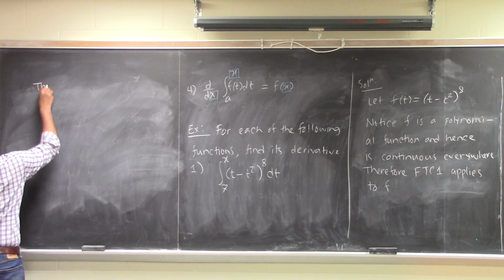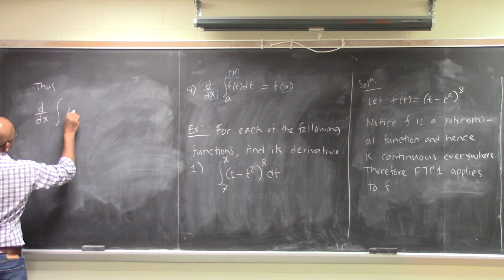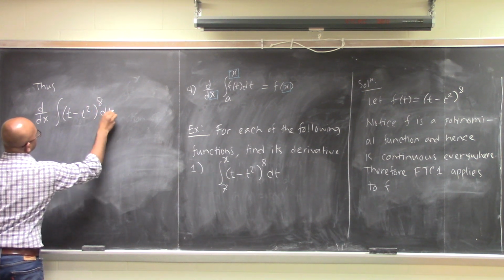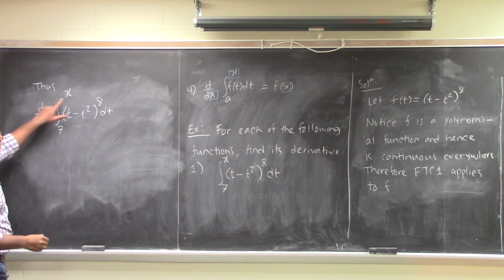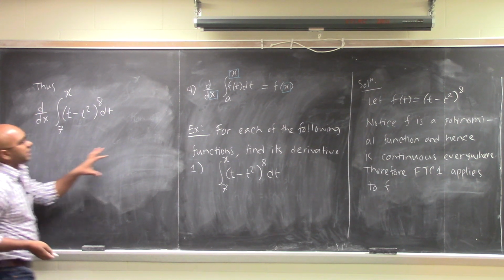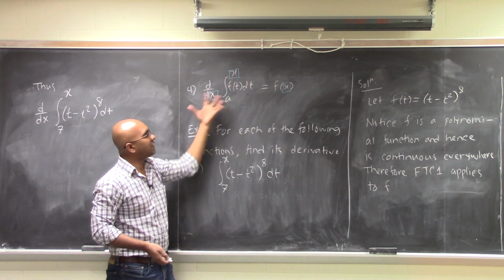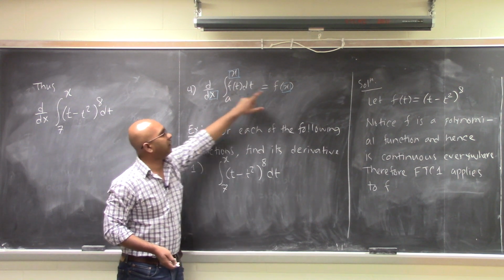Thus, the derivative of this integration of t minus t squared raised to the power 8 with respect to t from 7 to x, that guy equals what? Now look at this thing. You have x here, and you have x there. Then this derivative equals what? This function, the integrand function, evaluated at x.